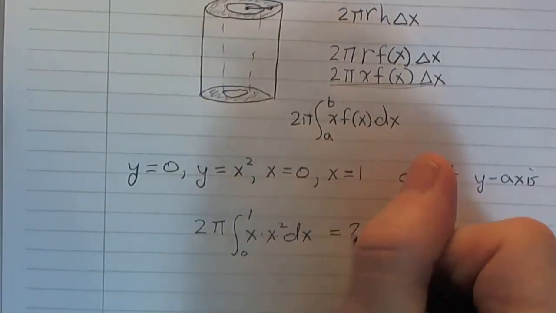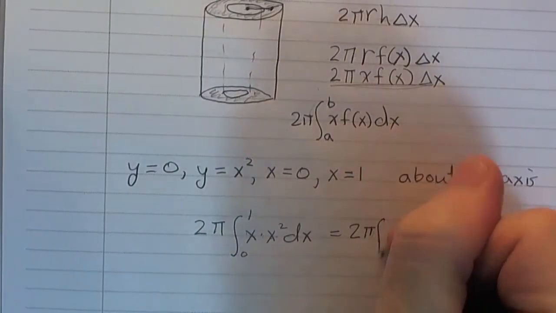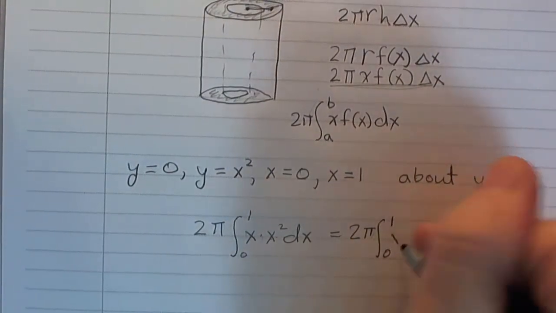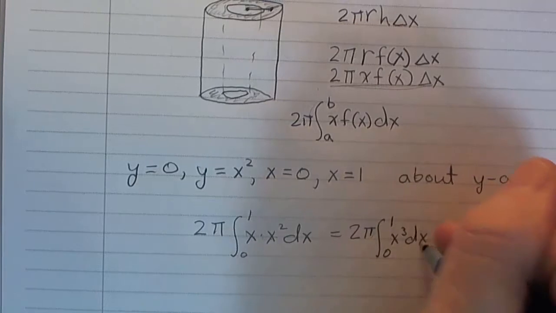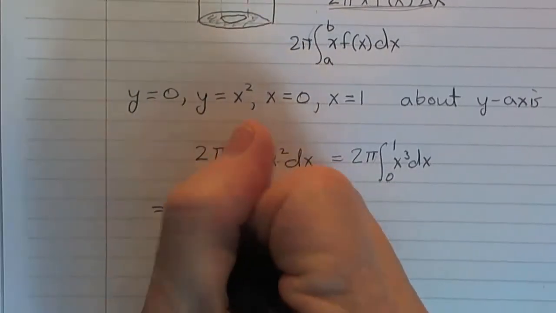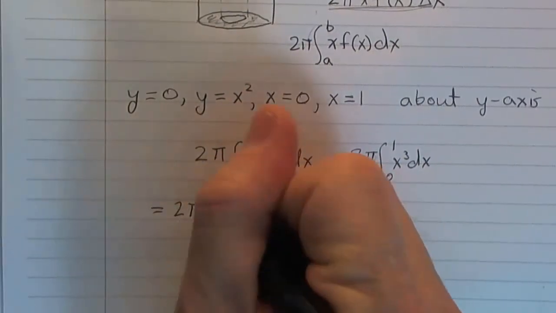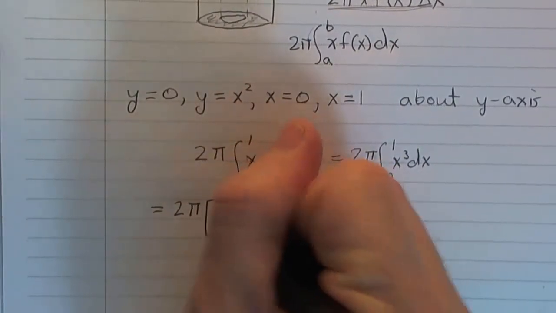So let's see how this goes. This is 2 pi, the integral from 0 to 1 of x cubed. And that will give us 2 pi times, I'm going to go ahead and get the antiderivative.